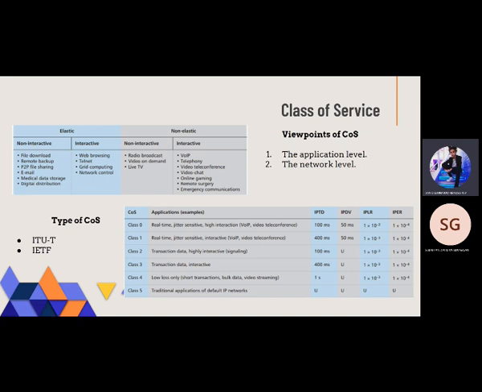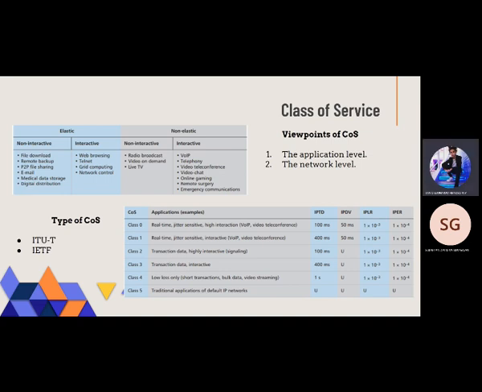The application level is divided into the following features: the elastic or non-elastic, and these are divided into non-interactive or interactive. In terms of traffic, the application can also be categorized as generally symmetrical and asymmetrical. At this level, the application can be categorized by functionality as audio, video, and data related.